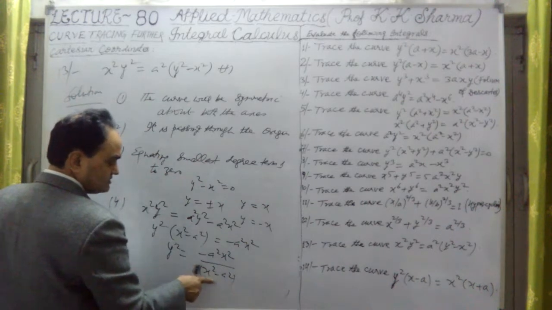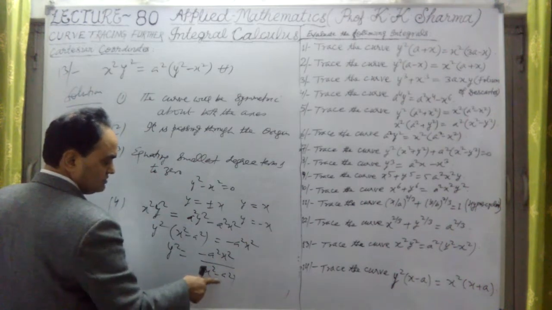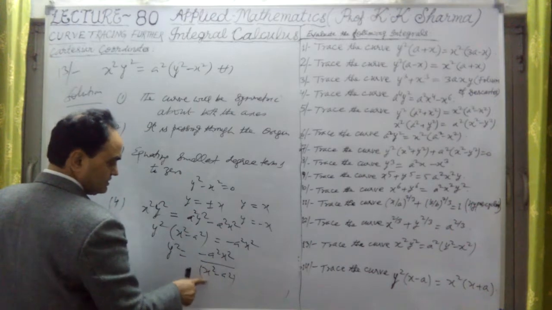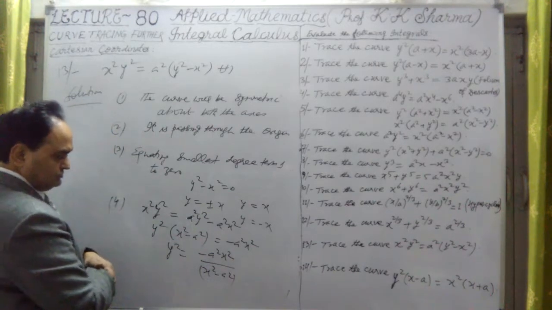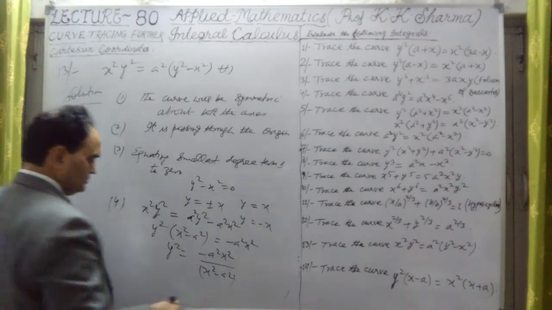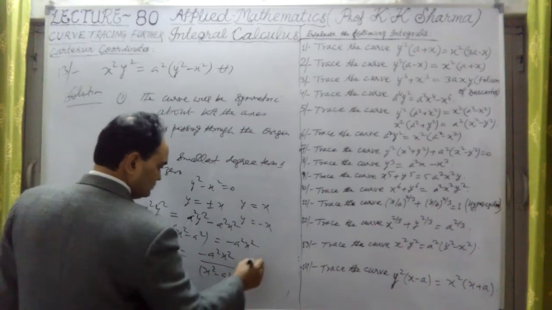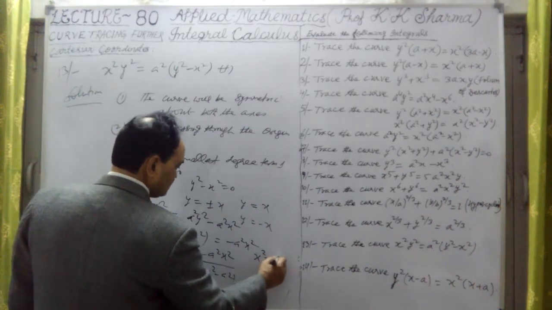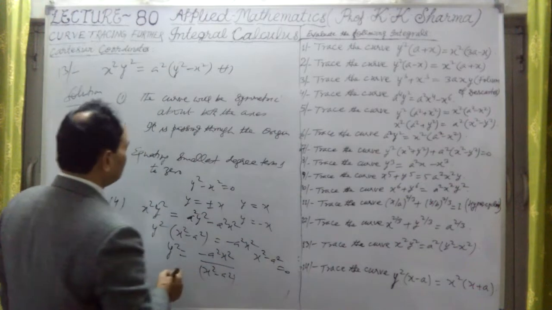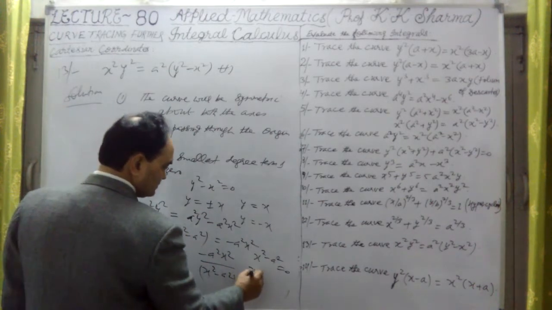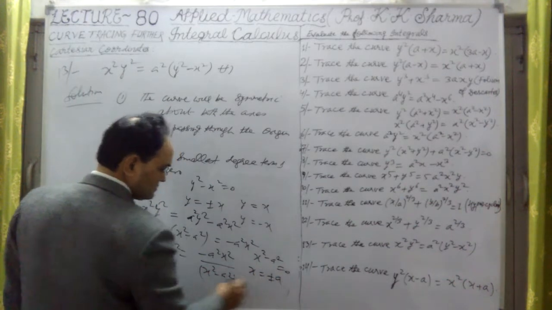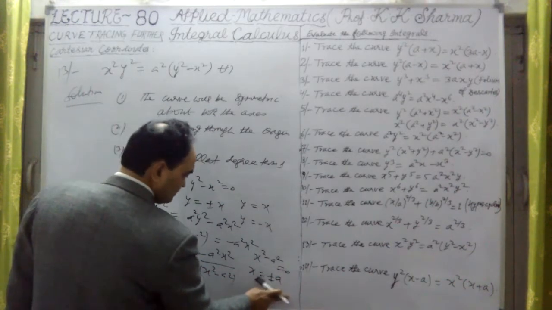If x is lesser than minus a, the sign will be negative, and then y does not exist in that situation. So from this equation, equating the coefficient of y square, x square minus a square, to 0, x equals plus or minus a.